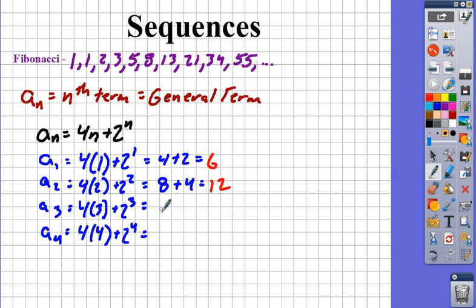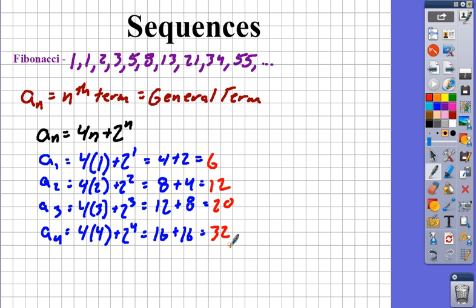Then 4 times 3 is 12, 2 to the third is 8, 12 plus 8 is 20. Then 4 times 4 is 16, plus 2 to the fourth power is 16, and we end up with 32. So that's how we find each of the values, or the nth term, from a sequence.